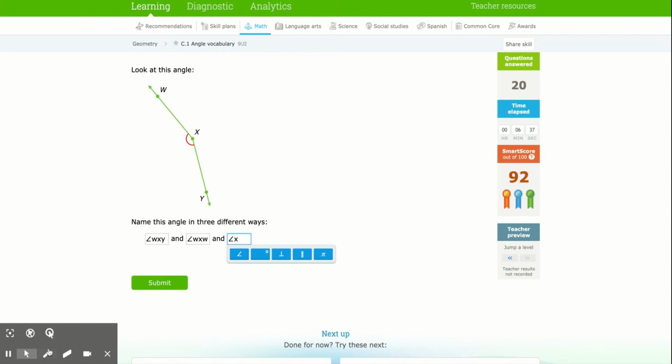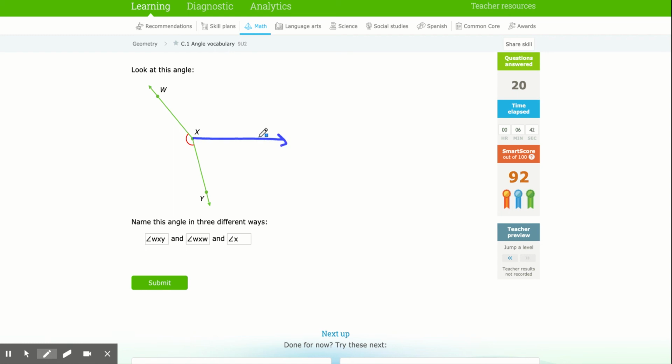But that's only if there's one angle. If there happened to be another line out here that went through some other point like A, you couldn't do that, because then X could refer to this angle or this angle or this angle. But if there's only one angle, and by the way, it always refers to the smaller, interior angle, you could do just angle X.